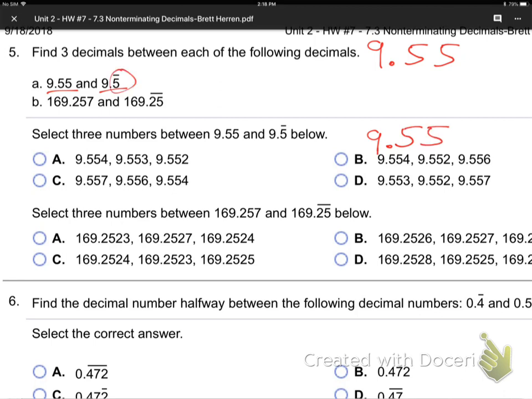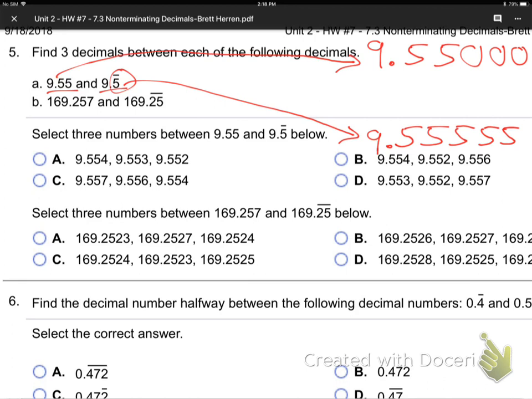So that'll be 5s forever, whereas this has zeros afterwards, doesn't it? You with me? Tracking? Okay, so I'm supposed to find 3 numbers in between those 2.